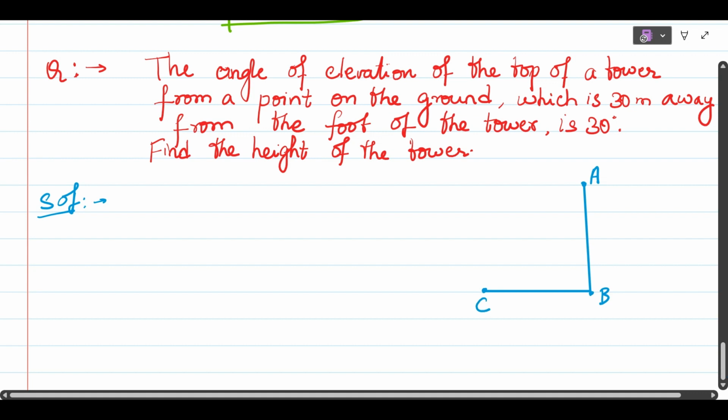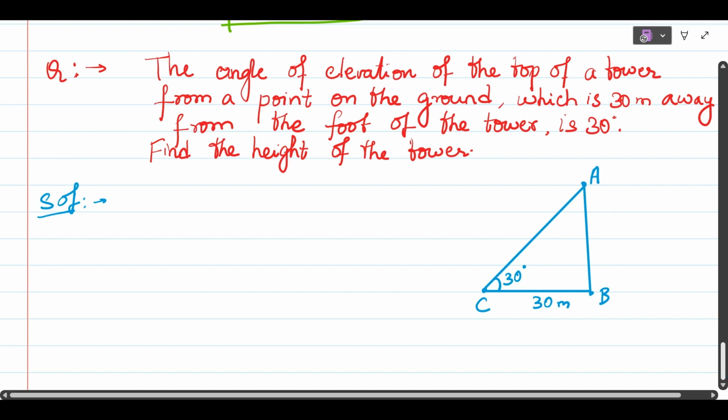So from A to C they have given the angle of elevation. From the foot of the tower to the point on the ground they have given 30 meters, and the angle of elevation at point C from the top of the tower is 30 degrees.